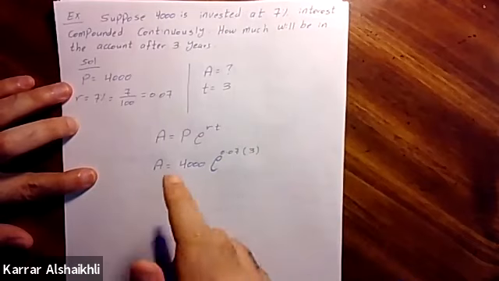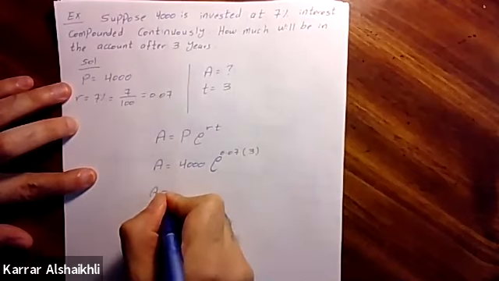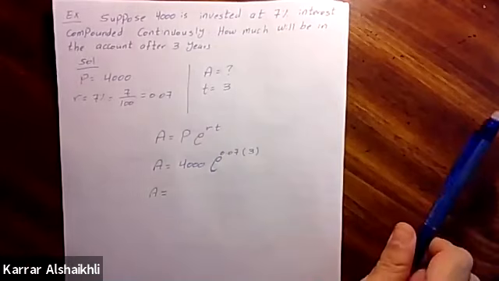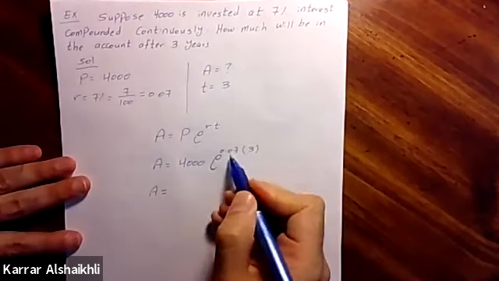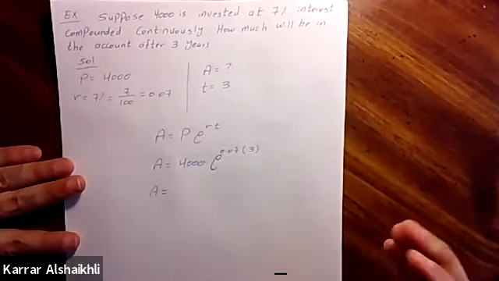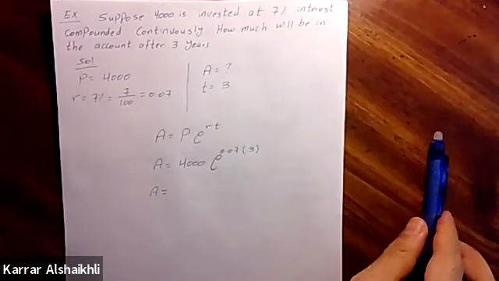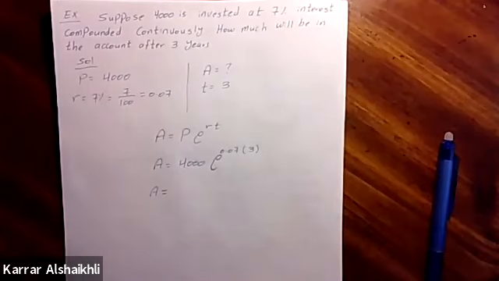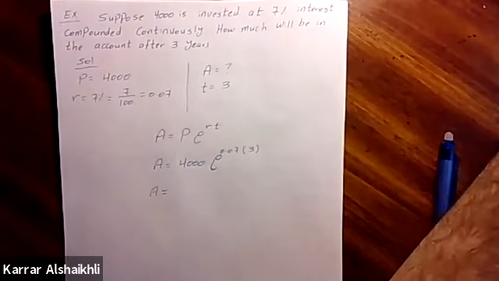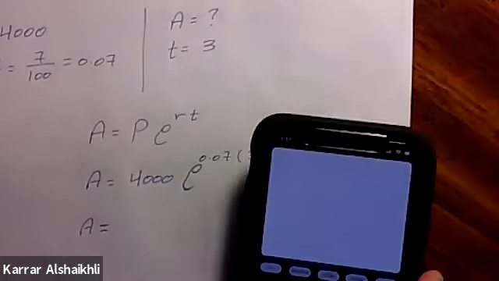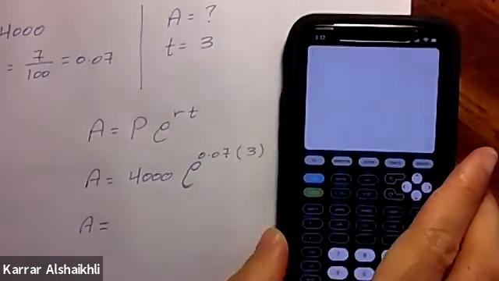So now, A equal, I'm just going to use the calculator. We can simplify this part if you multiply it, or you can leave it like this, it's fine. So let's see how we're going to use the calculator to find the solution for this example. Let me clear everything.